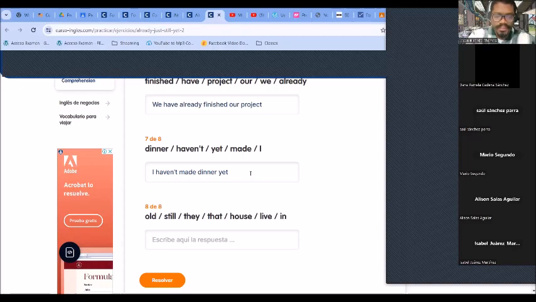They still live in that old house. The position of our other adverbs. Good job. They still live in that old house.